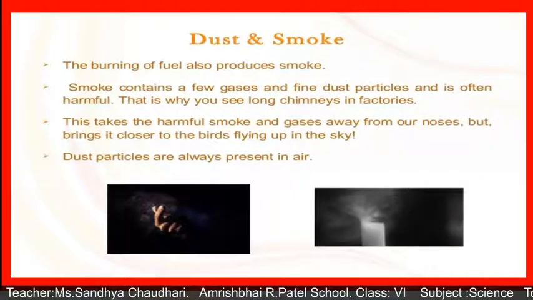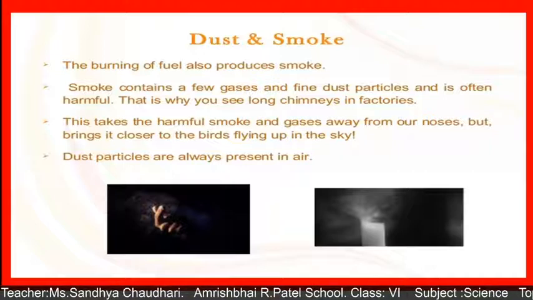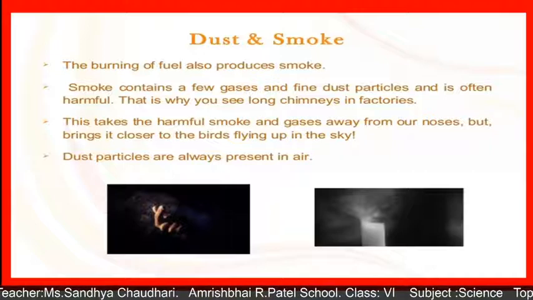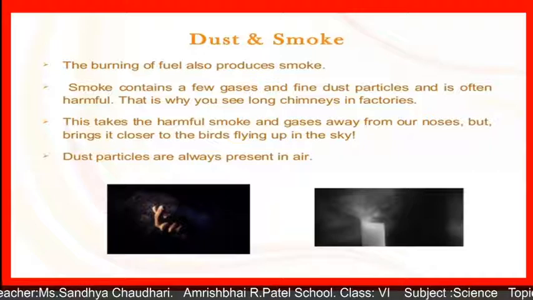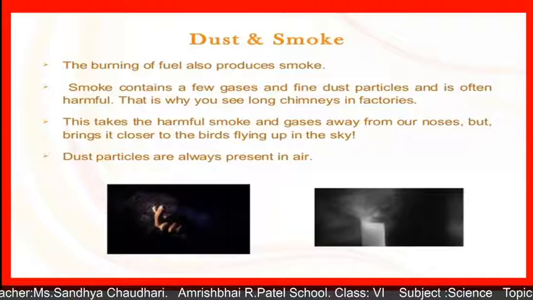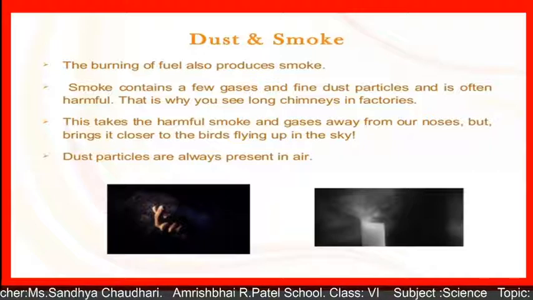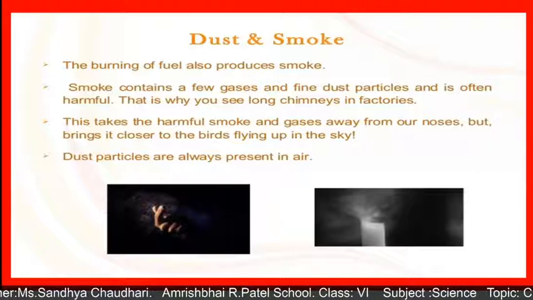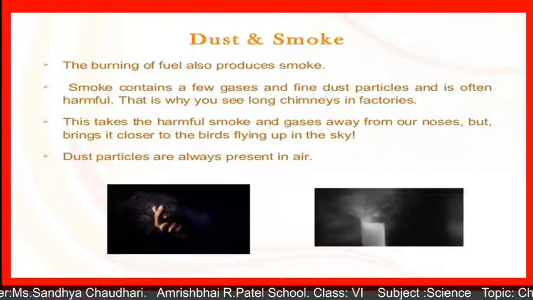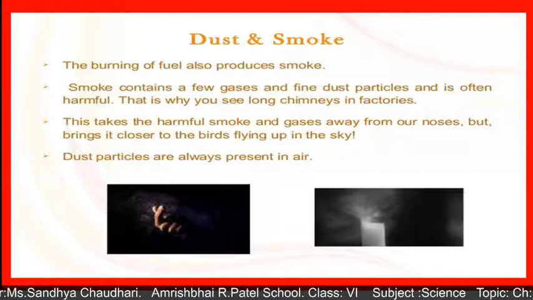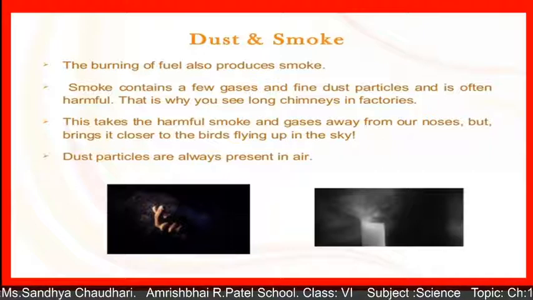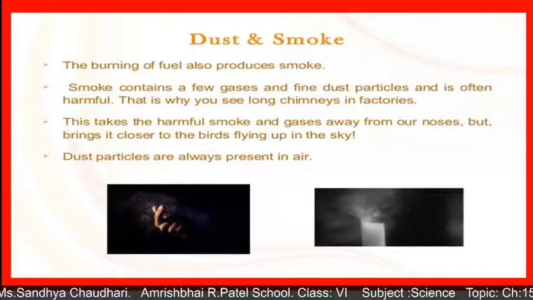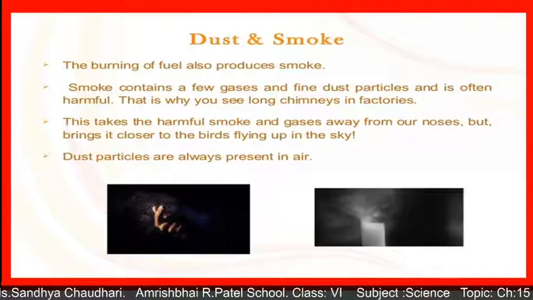Dust and smoke. The burning of fuel also produces smoke. Smoke contains a few gases and fine dust particles and is often harmful also. That is why you see long chimneys in factories. This takes the harmful smoke and gases away from our noses but brings it closer to the birds flying up in the sky.